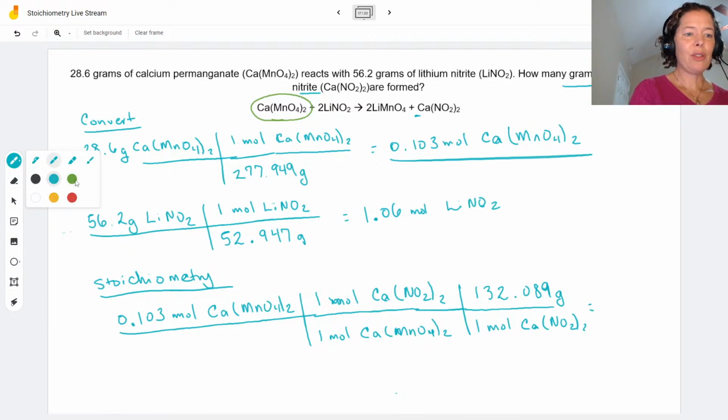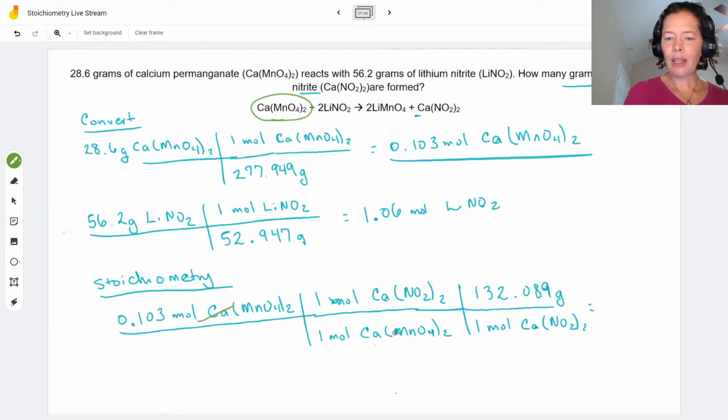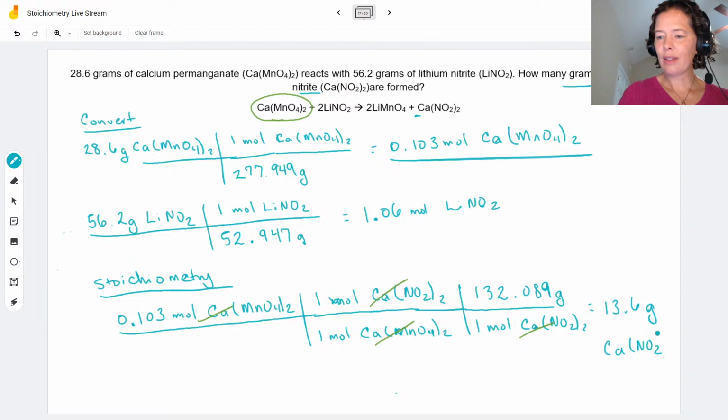Okay, let's make sure everything cancels. Yes, okay, that looks good. So if you put this in your calculator, you will get 13.6 grams of calcium nitrite. And we have finally answered our question.